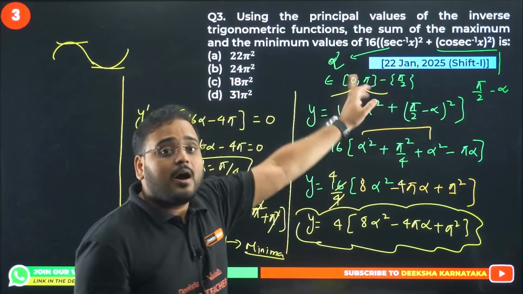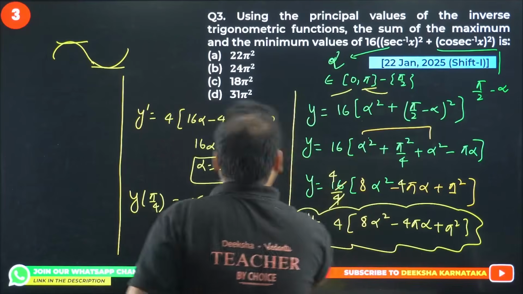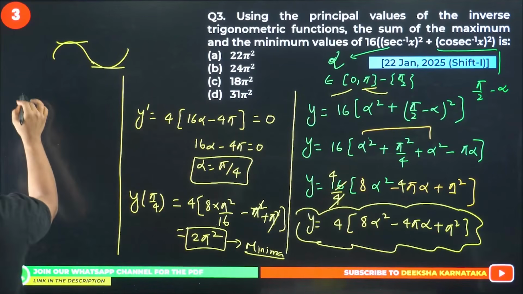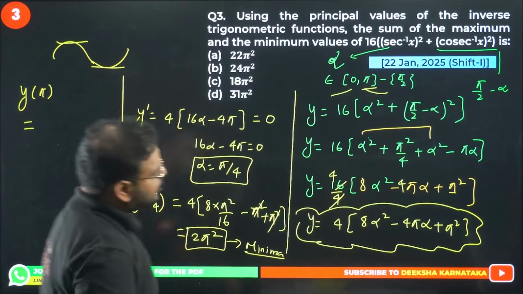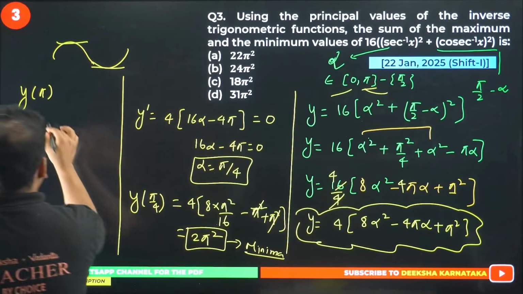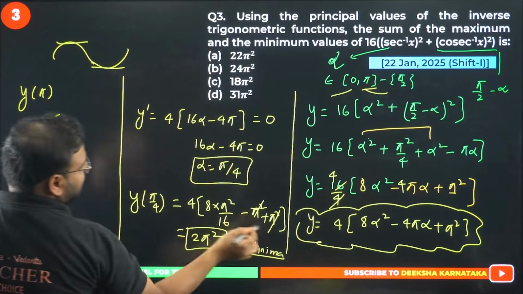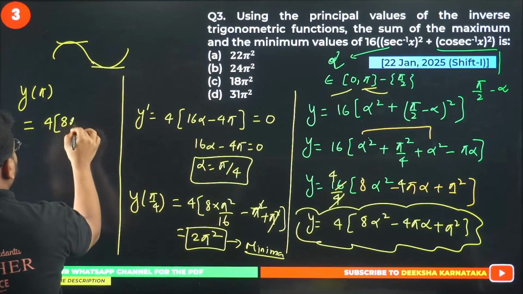Now let's look for the other boundary, which is pi, for the maxima. So I'm going to find the value of the function when alpha is pi. I get 4 times 8 pi square, so it is simply 8 pi square.